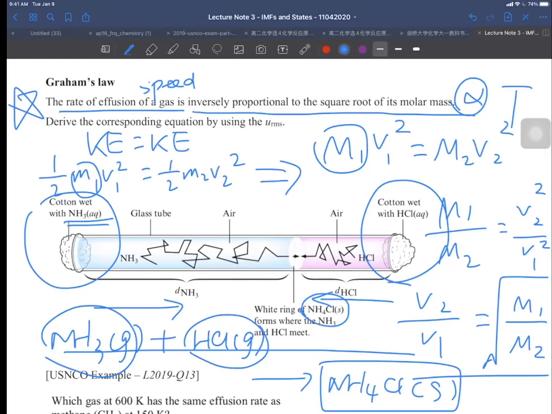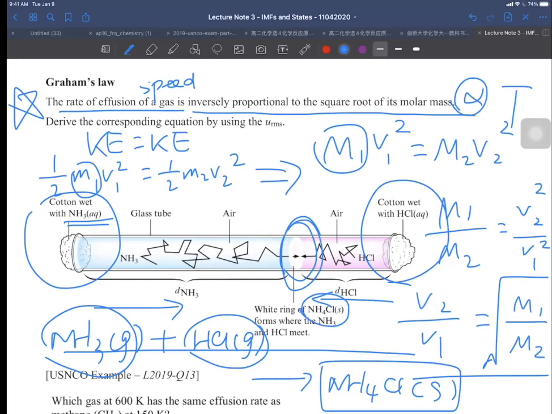Because it is a white solid, we will see a white ring on a certain place of the inner wall of the long tube. Based on the location of this white ring, we can confirm Graham's law, right? Guys, have a look. Does the position here make sense to you? It's closer to the HCl and further away from the ammonia.